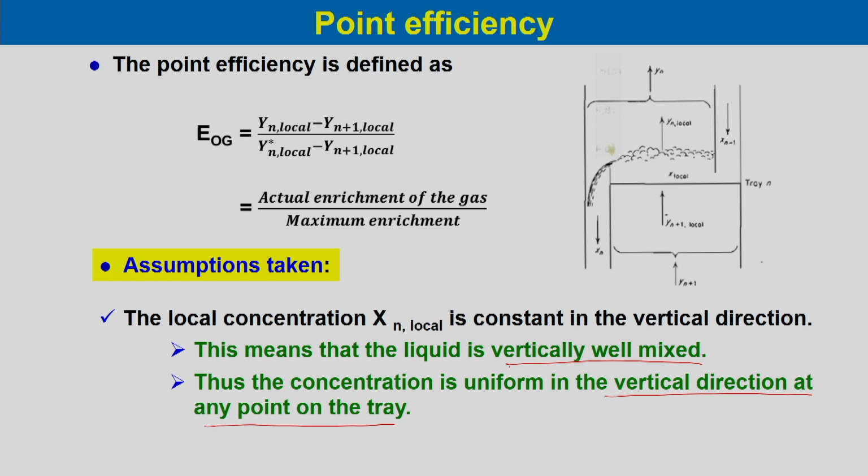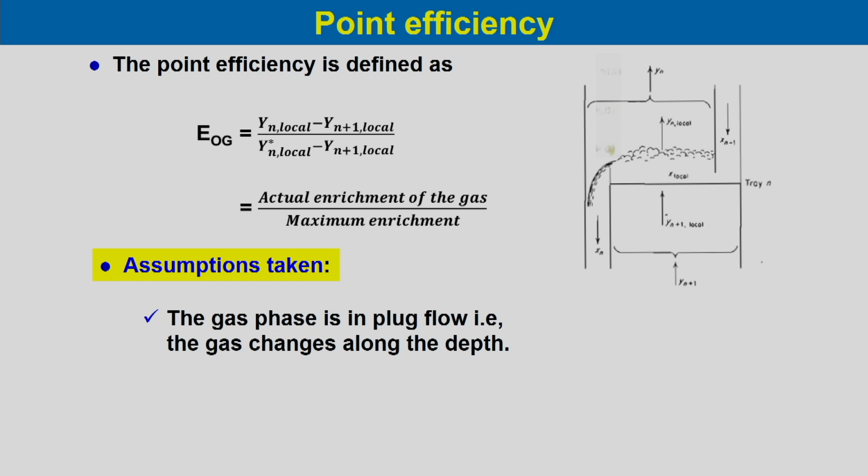So, this local concentration Xn is constant in the vertical direction and uniform throughout the tray. The gas phase is in plug flow, that is, the gas concentration changes along the depth. It is a plug flow, so its concentration will change along the depth of the flow.